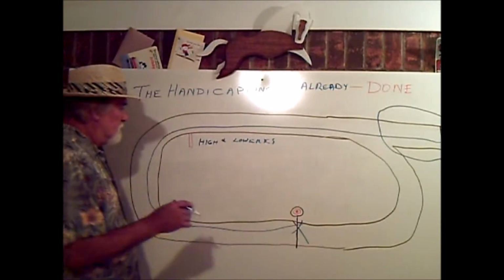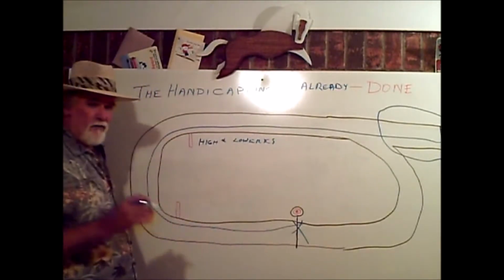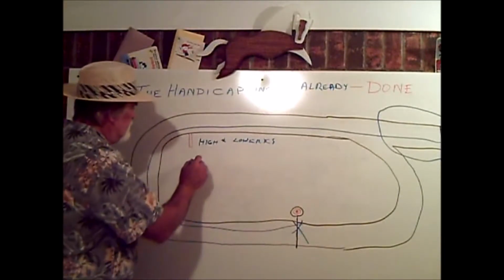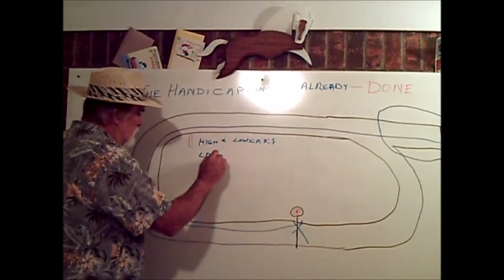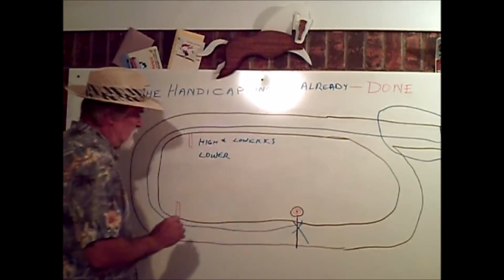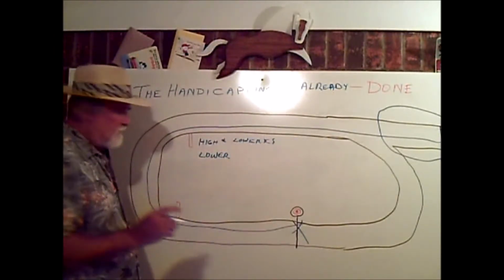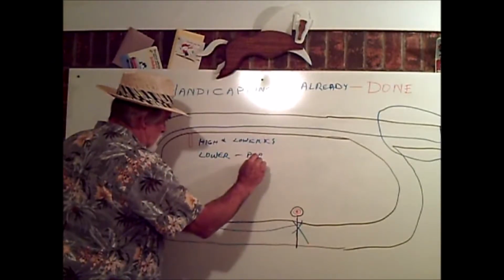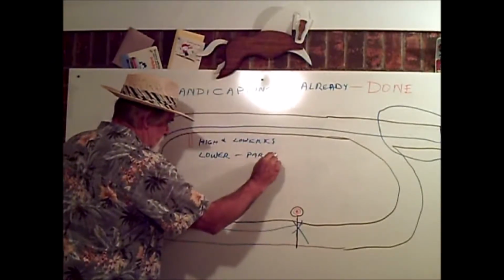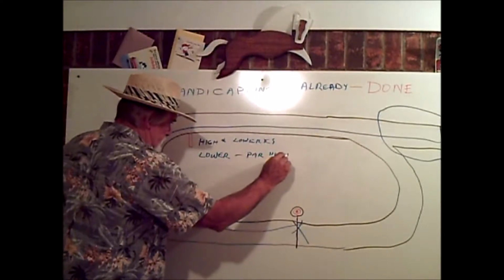So the other kind of run that we see a lot of is we see lower numbers, and most of those we see at either par or higher ES, early speed.